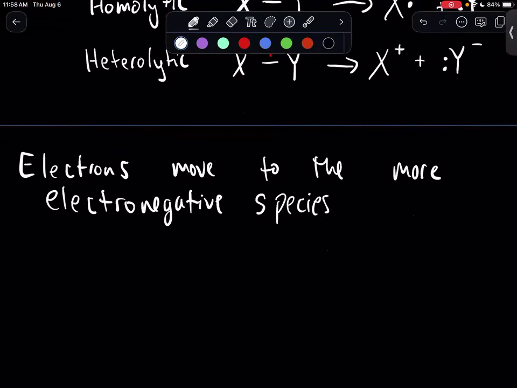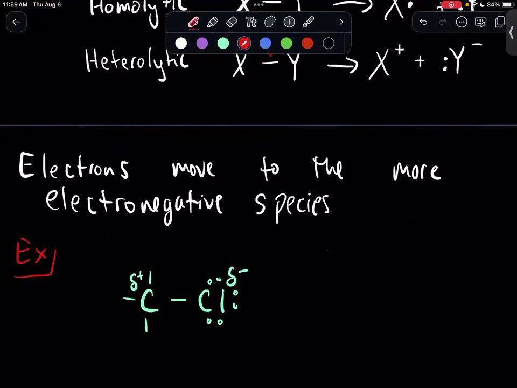Now, a couple examples that we can look at. We used a lot of chloromethane or chloroethanes in our previous unit, so we'll go ahead and look at that bond between a carbon and a chlorine. And I'm just going to leave those bonds hanging. When we look at this, we can recognize carbon's partially positive, chlorine's partially negative.